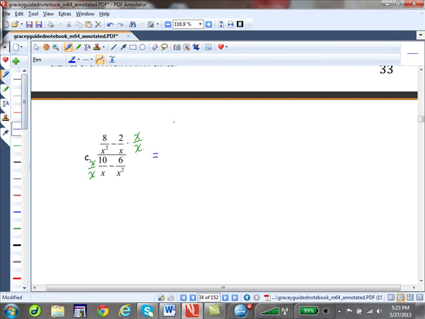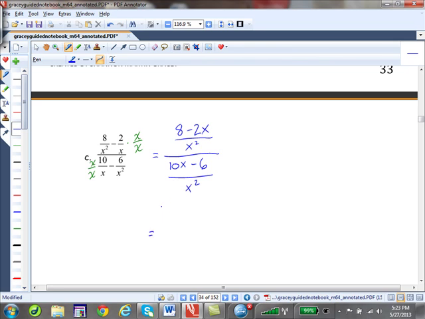So this will yield a result of 8 minus 2x over x squared. I'm going a little faster now. And then we'll have 10x minus 6 over x squared.